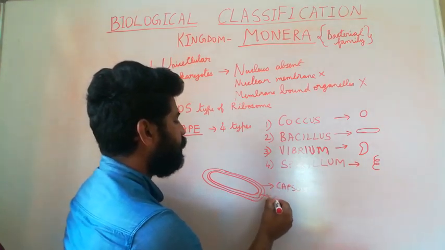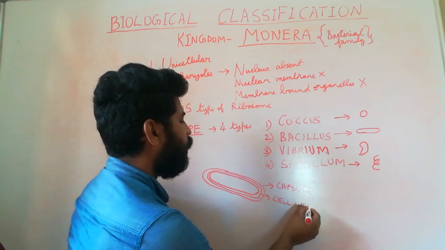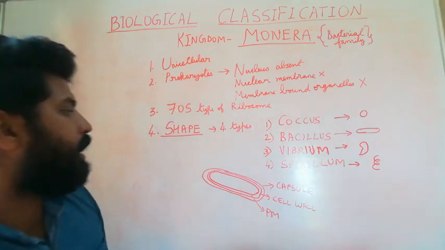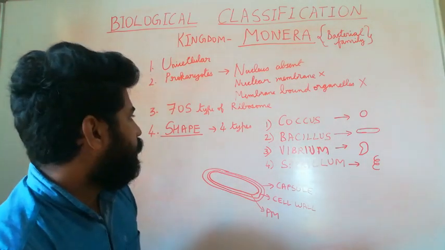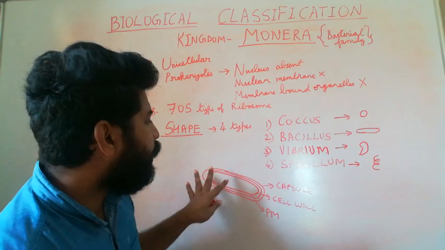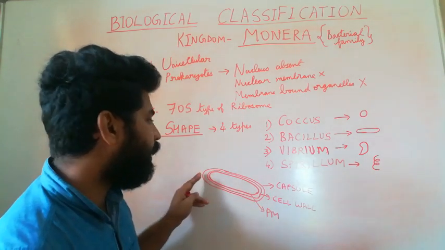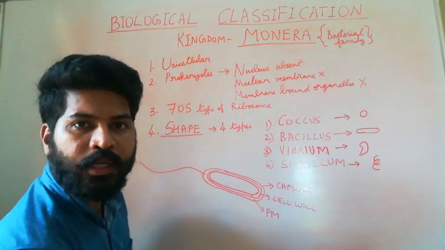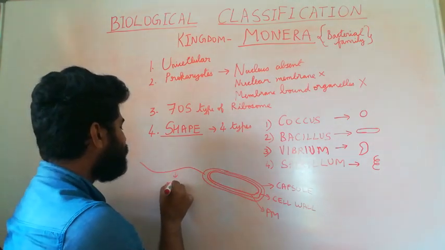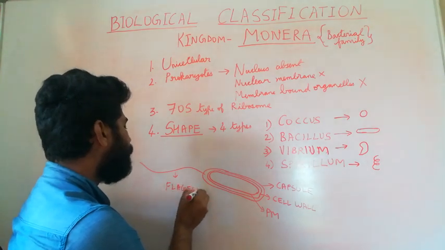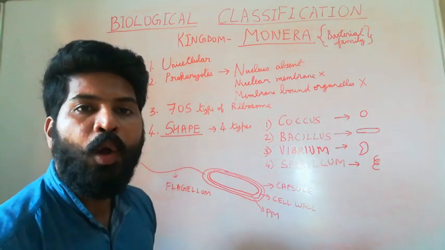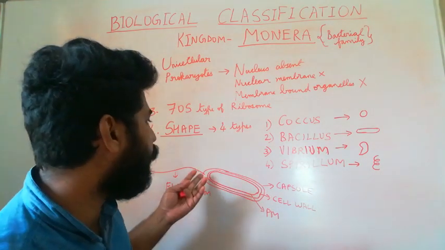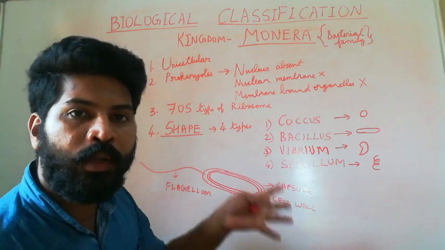So it has a capsule, the cell wall, and the innermost plasma membrane or cell membrane. At one end or on both the ends, they have a long whip-like structure called the flagellum. This flagellum will help in motility, in the movement of the bacteria. There could be one flagellum or more than one flagellum.